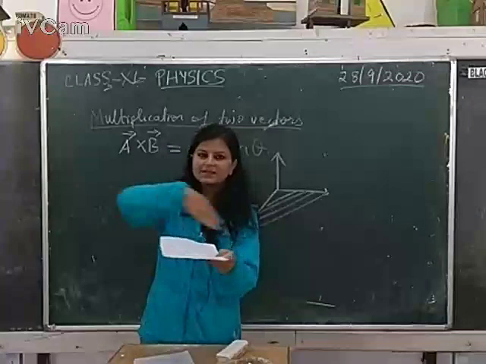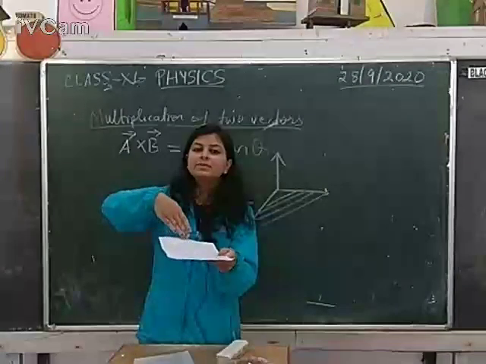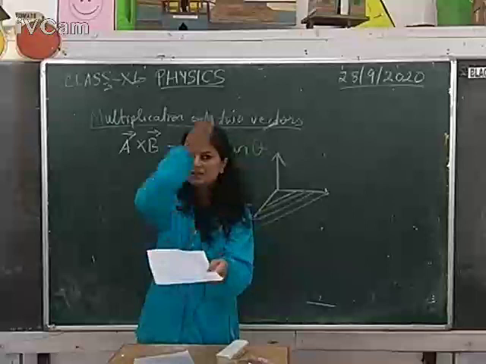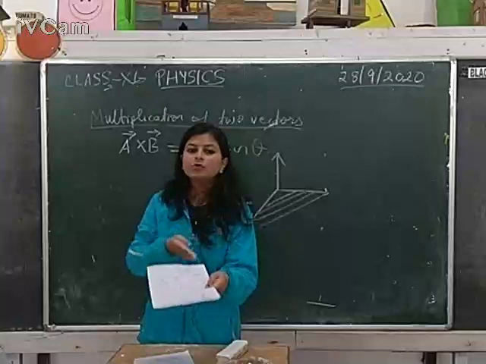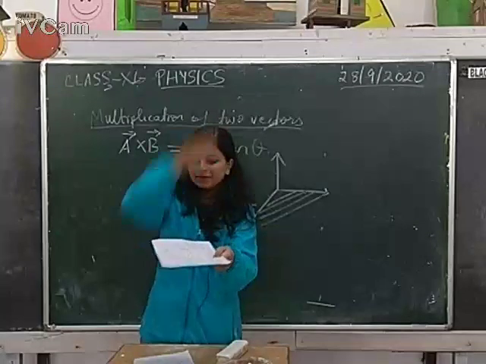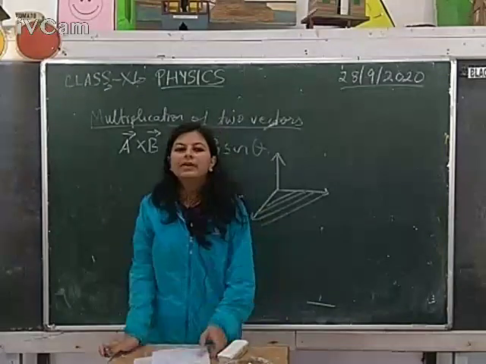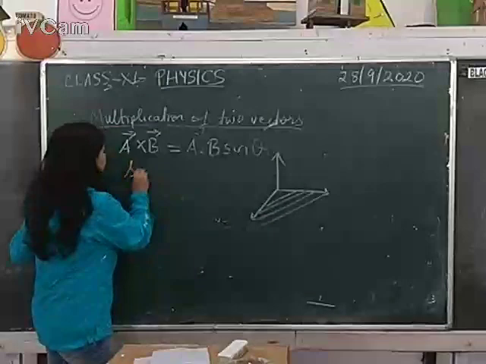So this is the plane containing the two vectors, right? Which is the plane perpendicular to this plane? This plane. So the resultant vector's direction will be along this, okay. Now to know whether the direction will be upward or downward, you need to apply a rule that is called the screw rule.